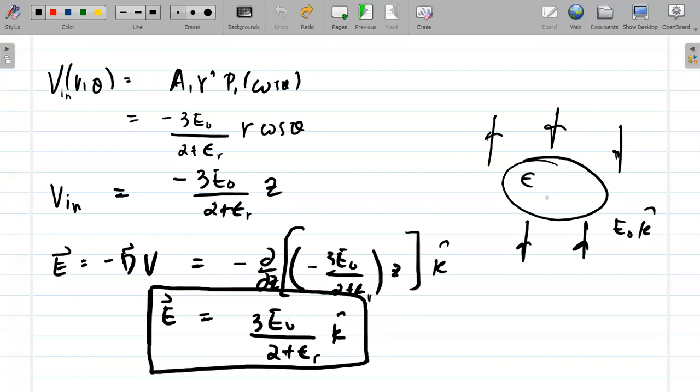Actually, class, if the inside is vacuum, your electric field is E naught k hat, the value of the electric field outside. Then it's reduced in a sense, because you have a material inside that is not vacuum. So its effect is this: you have a factor of 3 over 2 plus epsilon r. Okay, class, any questions?